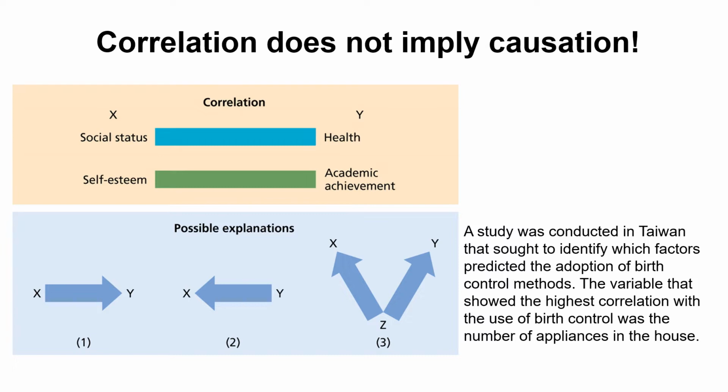Does that mean having more appliances means you're going to use birth control more? No. This is an obvious case of some third factor causing both of those, and it's likely wealth. Having money would mean you'd have more appliances in the house and at the same time be more likely to use birth control.